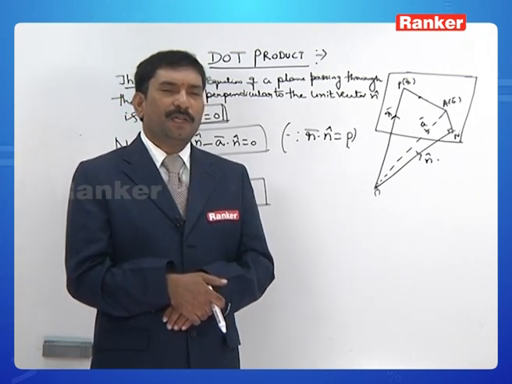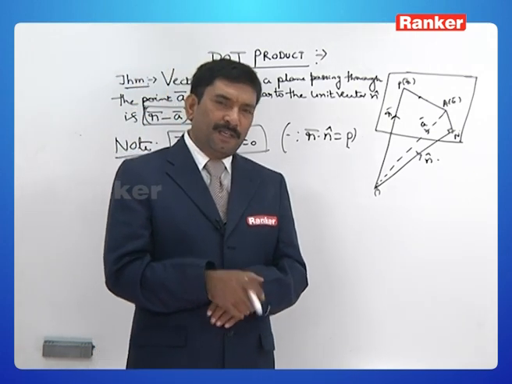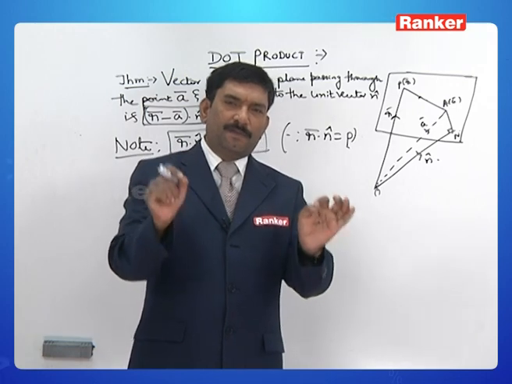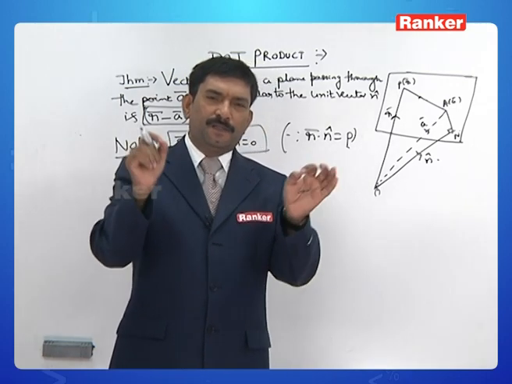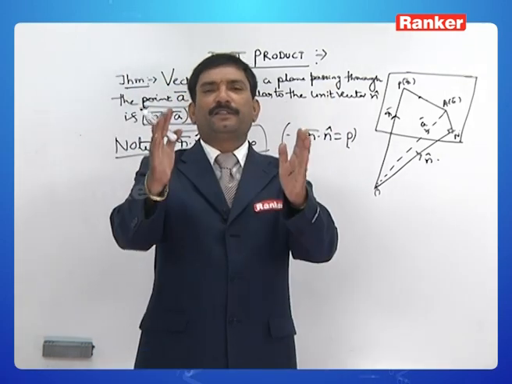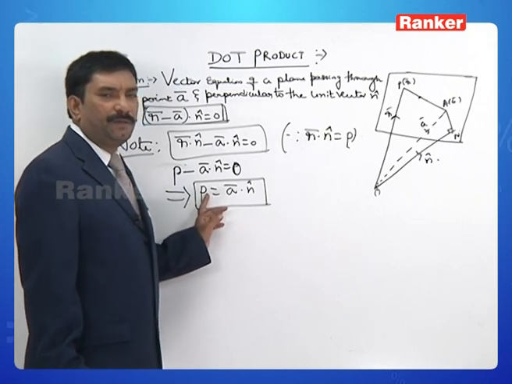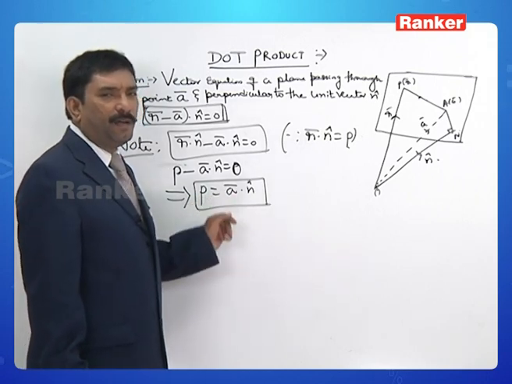For that plane, the perpendicular distance from the origin to the plane, passing through the point A bar and perpendicular to the unit vector N cap, is given by P is equal to A bar dot N cap.